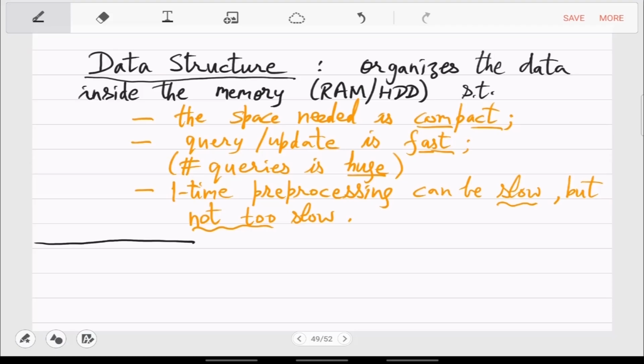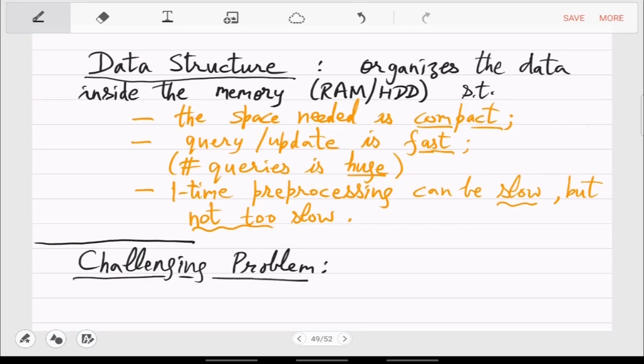So to see this in action, let us take a challenging problem, which has been mentioned before. This is the question of range minima.